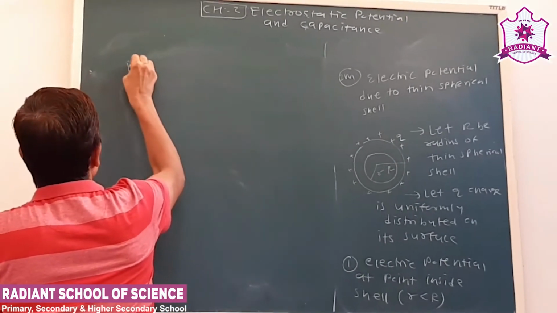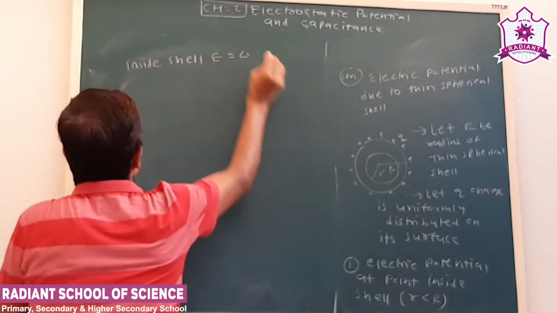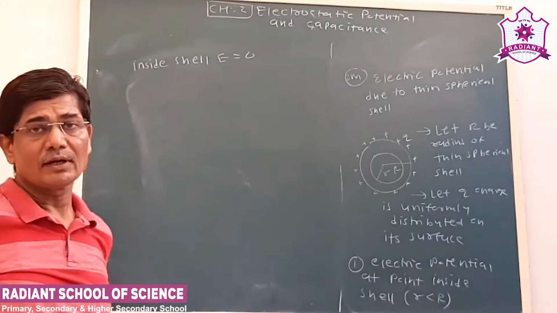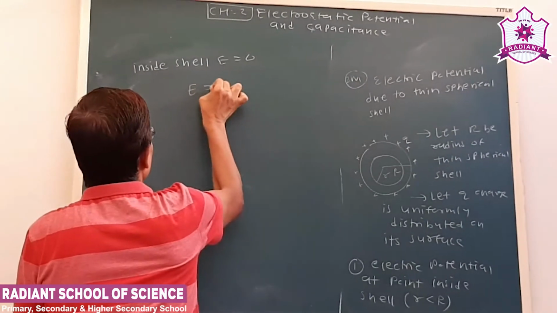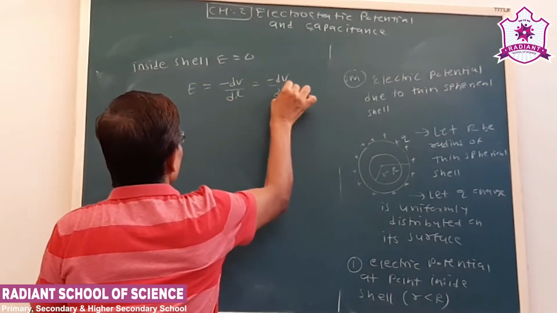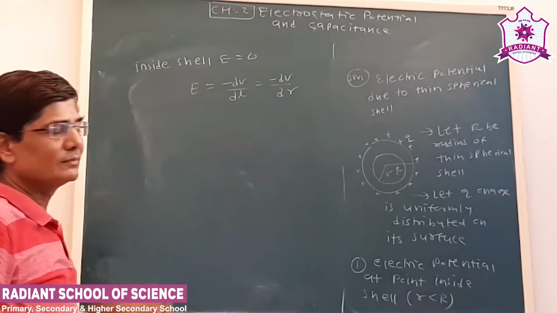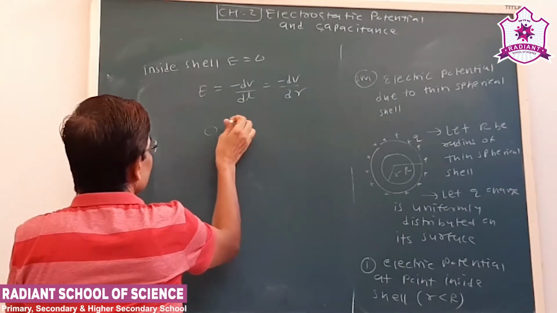So we can write like this: inside shell electric field is 0. Now just now we have derived the relation between electric field and potential. E is equal to minus dV by dl. If we write the generalized formula, we can write dV by dr. But we have seen here that inside the shell there is no charge, the electric field is 0.